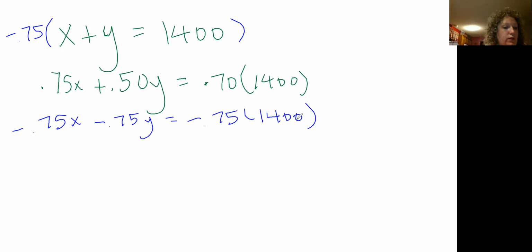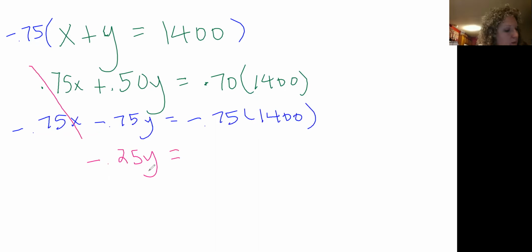Okay, so now if we do the math, not too much to do over here on the left, but we do have to do some multiplication on the right. With elimination, remember, you're eliminating some of your variables. So the 0.75x and the negative 0.75x are going to add to 0. 0.5y minus 0.75y is negative 0.25y.